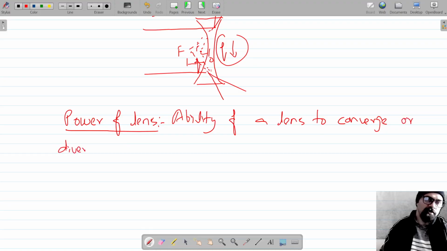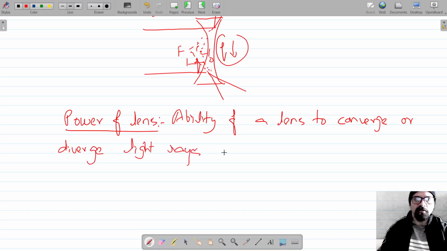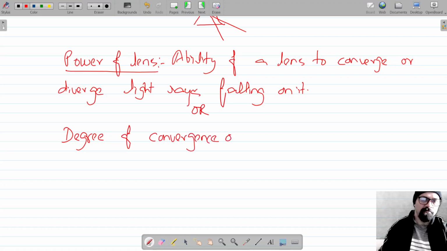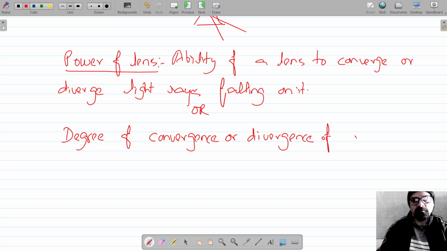So the ability of the lens to converge or diverge the light rays falling on it, that is the power of the lens. You can also write it as the degree of convergence, how much they are converging. So the degree of convergence or divergence of a lens is called the power of a lens. How much they are able to converge.